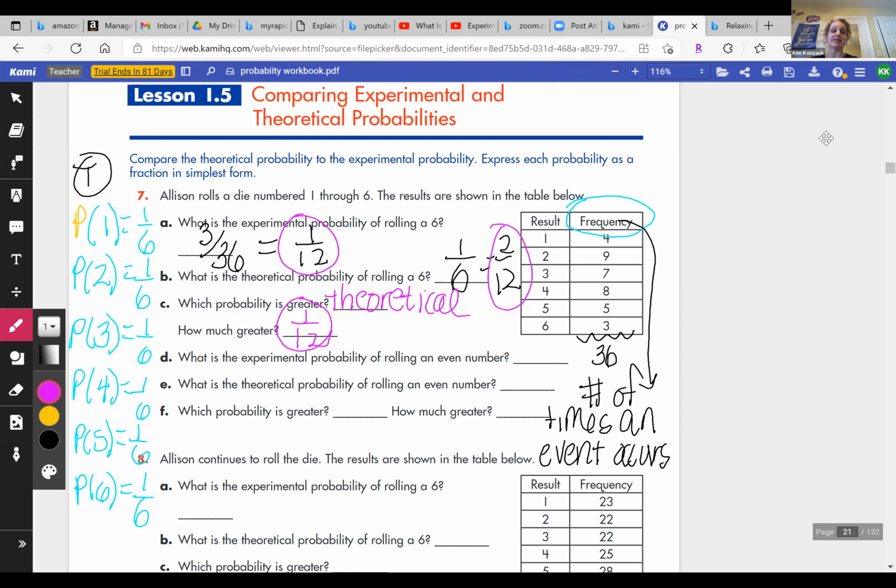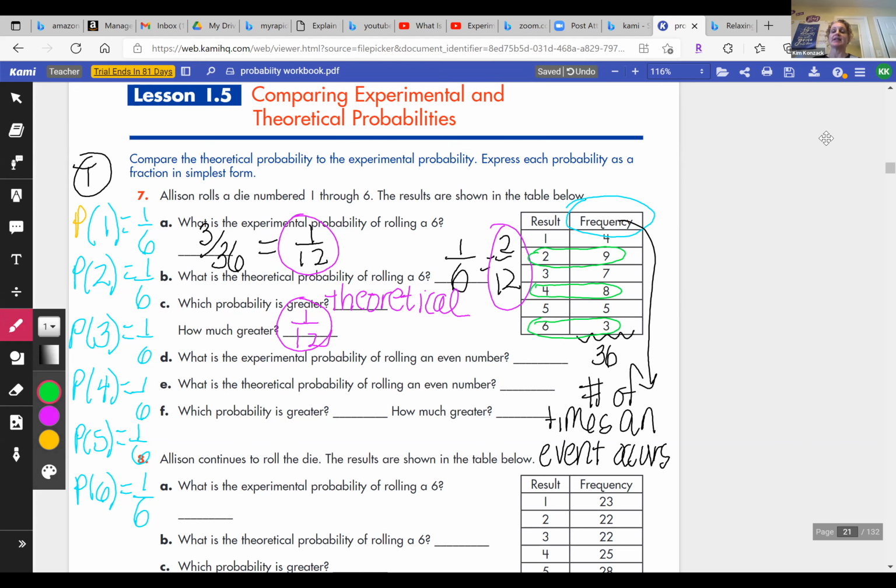So let's go back to Allison's experiment. Rolling an even number. We're going to have to get this right off of the chart she has here. Rolling an even number, 2, 4, 6, right? She has 9 2s, and she has 3 6s.